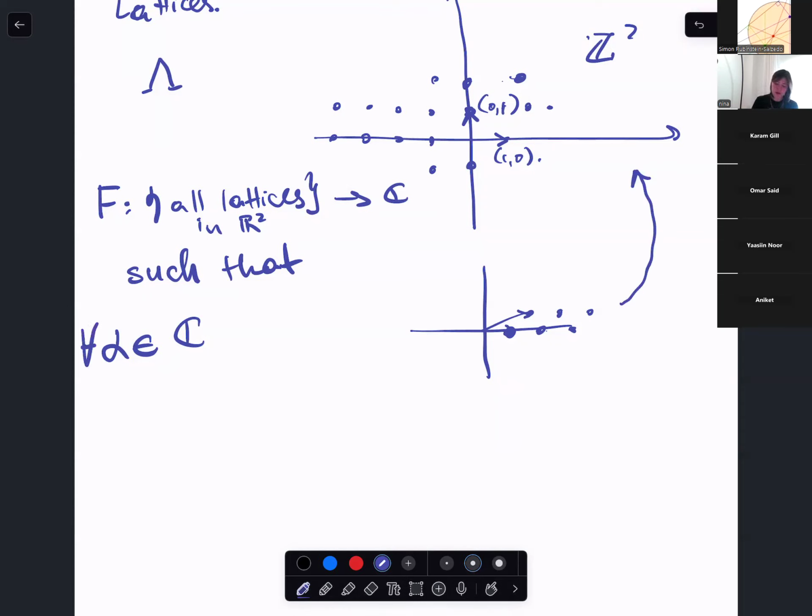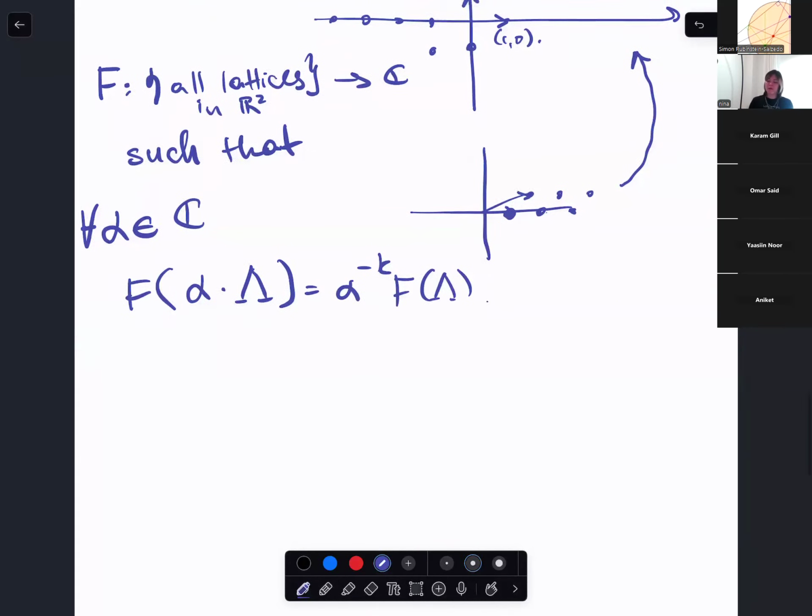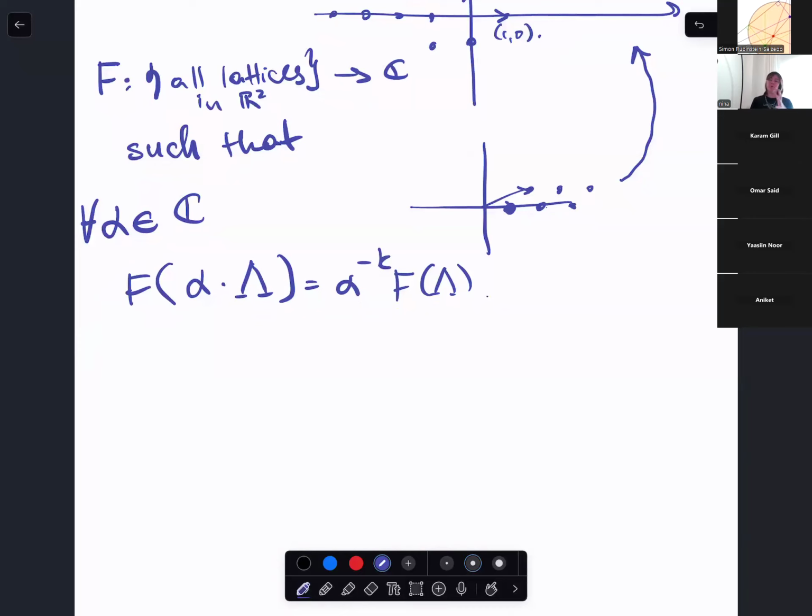So for any alpha, the function at alpha times lambda is equal to alpha to the minus k times f of lambda. So once again, we have some kind of space of things that we can add and multiply, and we're imposing a scaling rule on what happens when we transform the lattice in some way.